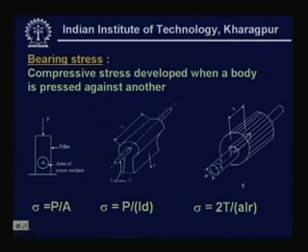If we look at the third one, we can see that our shaft is again going inside a bush and it is locked with what we call a key, and the shaft is transmitting a torsion, or torque, T. In that case, the bearing stress sigma arising onto this key is given as 2T by ALR.